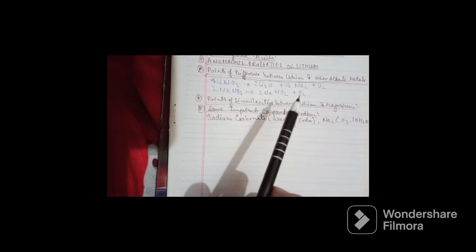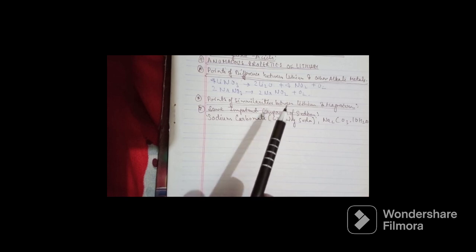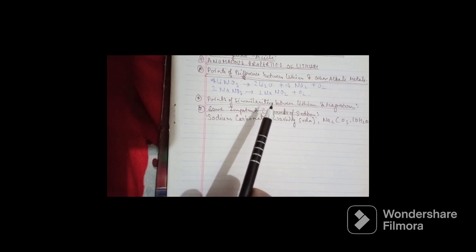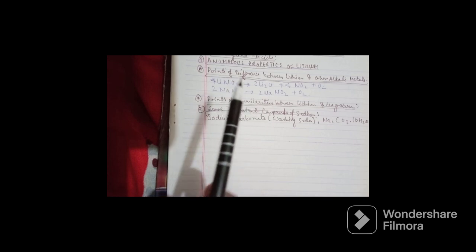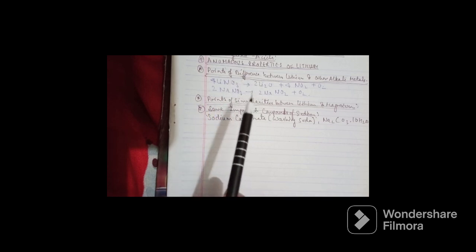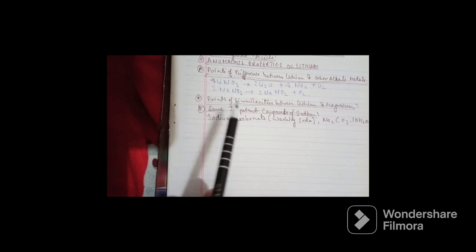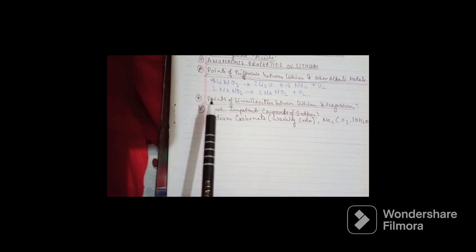In the same way here, sodium carbonate is generally prepared by the Solvay process, and in this process advantage is taken of the low solubility of sodium hydrogen carbonate, whereby it gets precipitated in the reaction of sodium chloride with ammonium hydrogen carbonate.